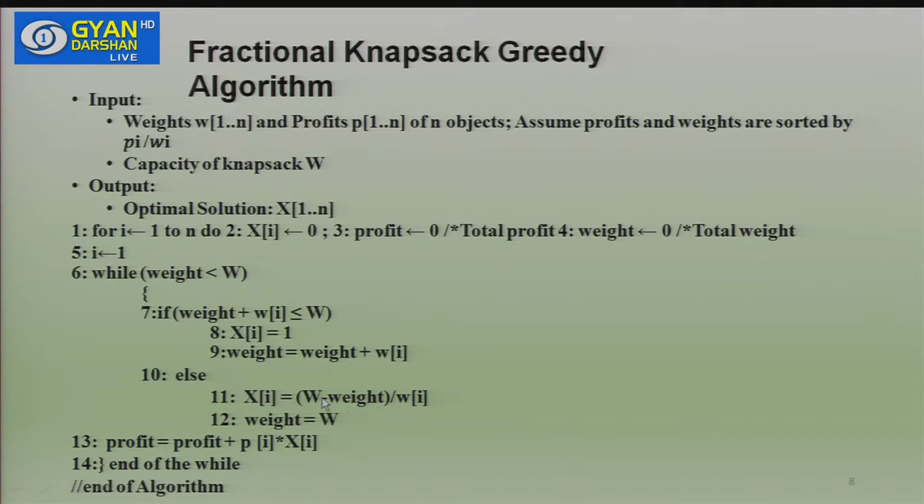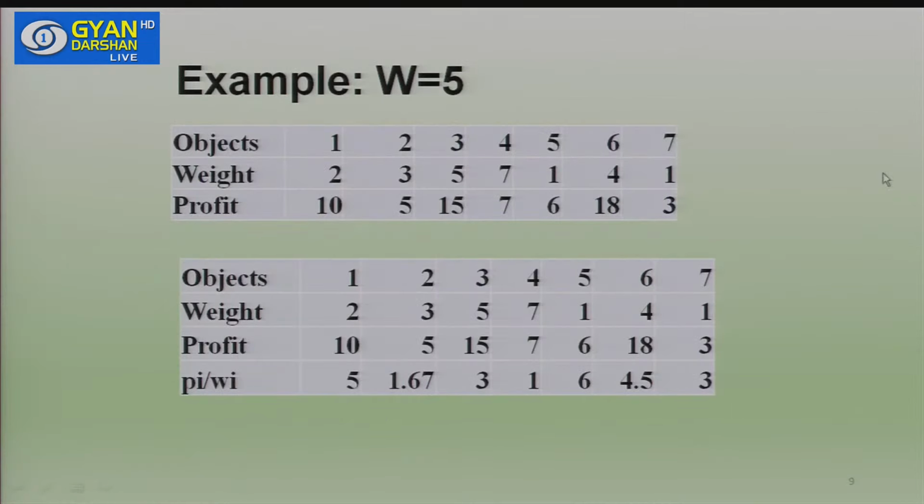So over here the fraction would be computed where W minus the weight so far is subtracted and divided by the weight of the object Xi, giving us how much fraction can be packed of that particular object. And then finally you compute the profit using the PI into Xi formula, and that is how you complete your algorithm, and this is how the fractional knapsack algorithm runs.